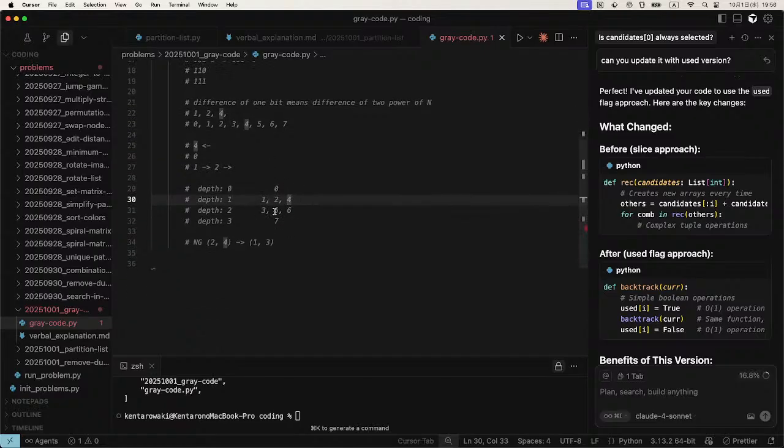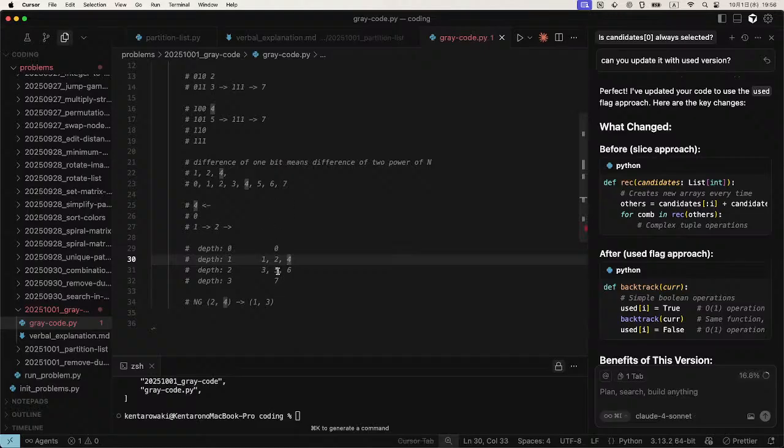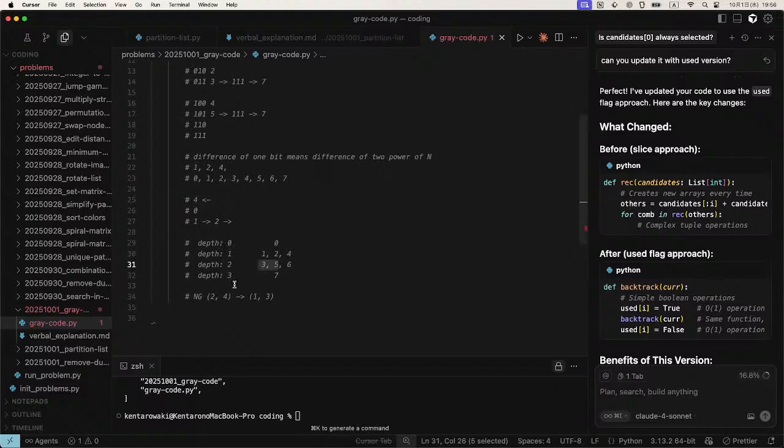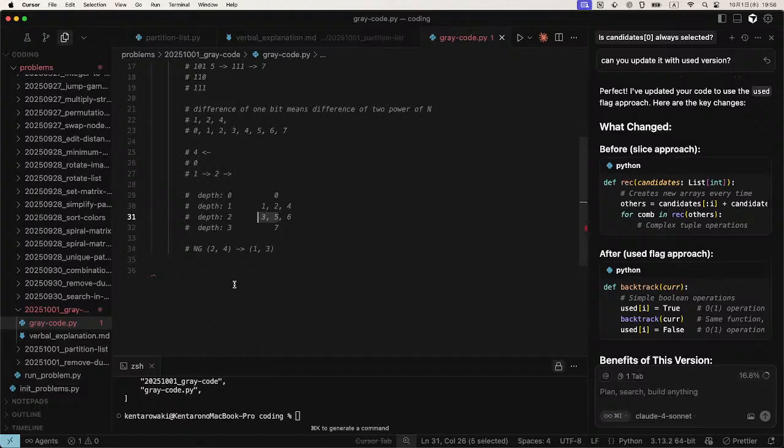Zero 2 4 5. 5 2 3 is also not allowed. How to determine which can be and which can't be?